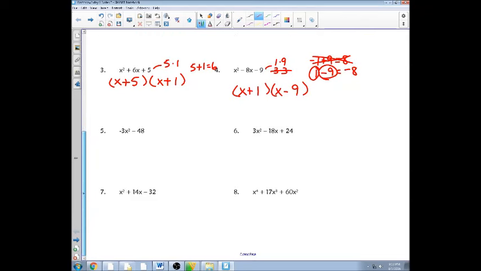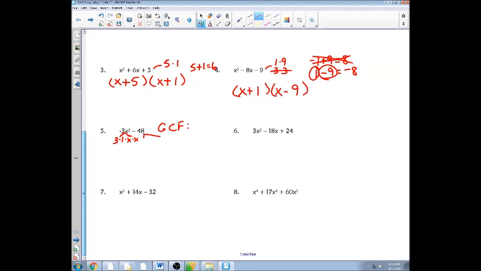Now, on to number 5. This one, I need to think about a GCF because I have a number in front of my x squared and I have a number at the end. So it's possible that I could have a GCF here. Let's see what my GCF would be. Well, this would be 3 times 1 times x, right? 48, I wonder if 48 is divisible by 3. Let's see.